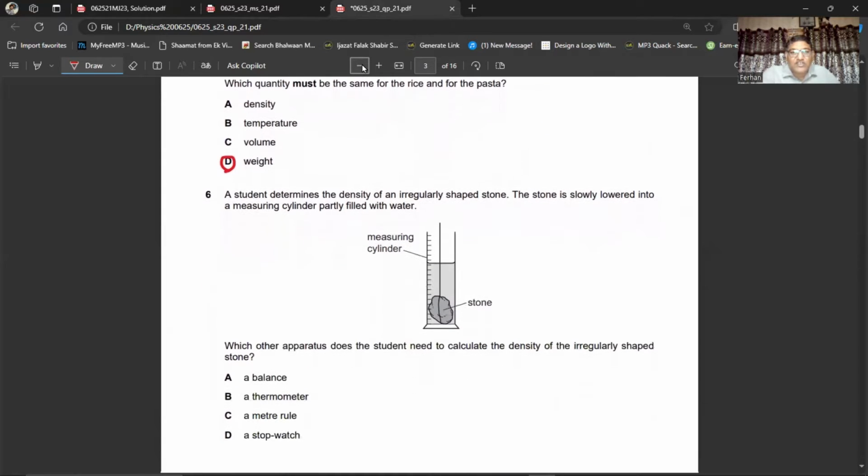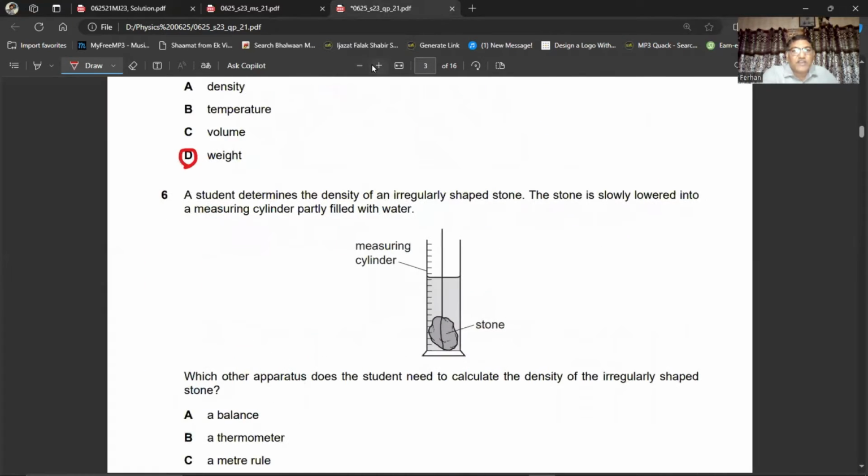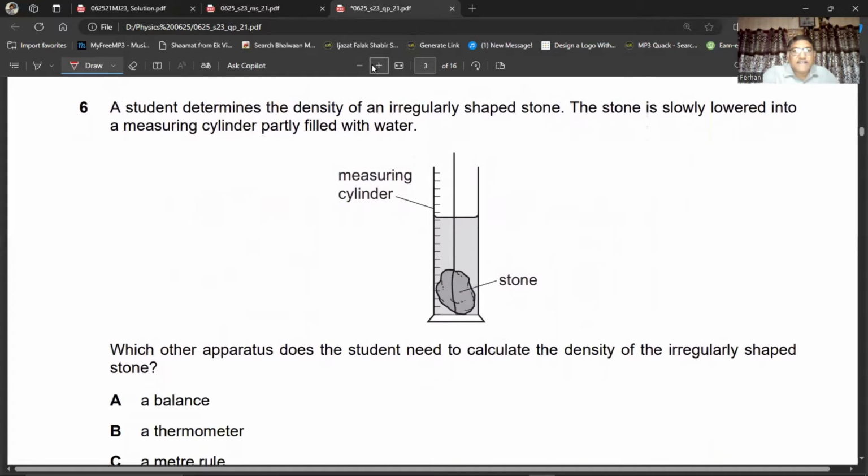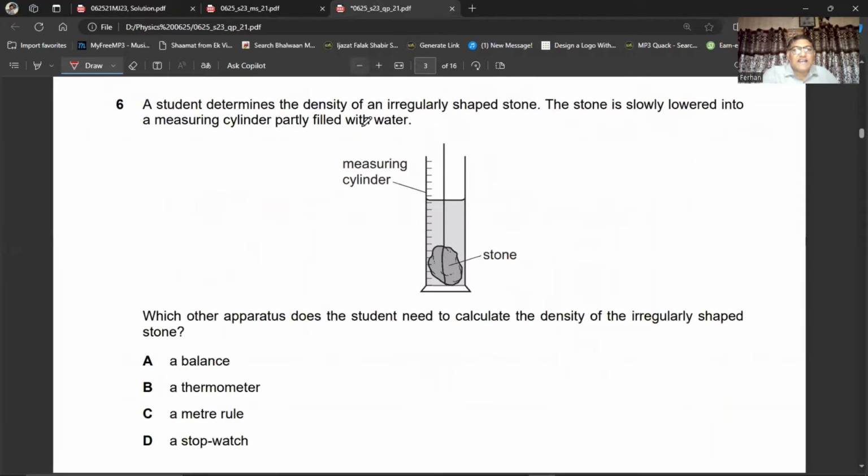Okay, so we are going to the next question, and the next question coming up on your screen is question number 6. He says, a student determines the density of an irregularly shaped stone. The stone is slowly lowered into a measuring cylinder, partly filled with water.